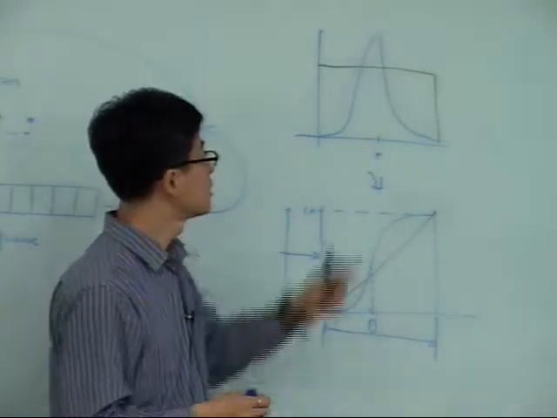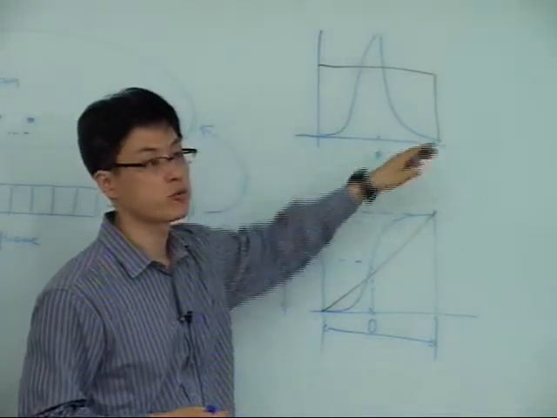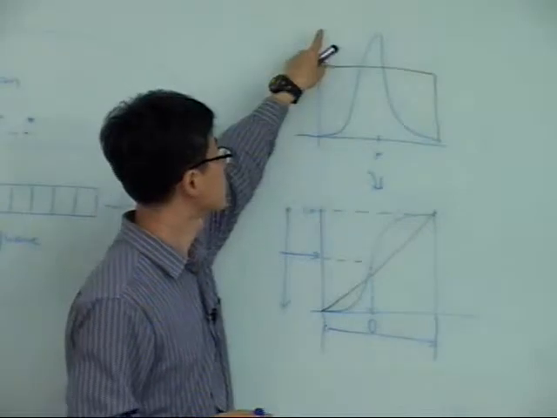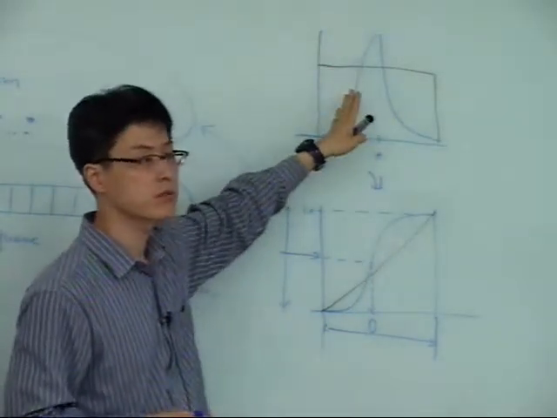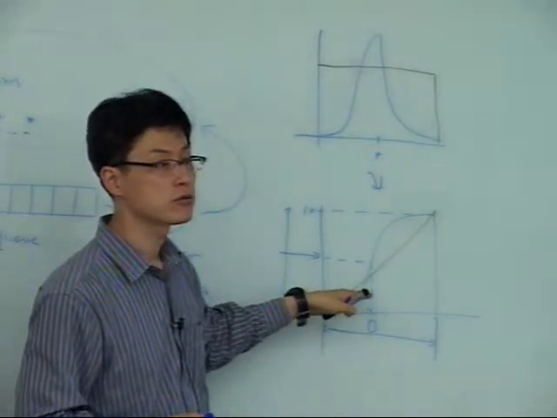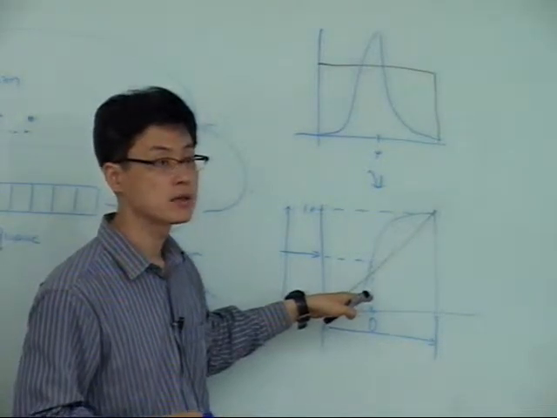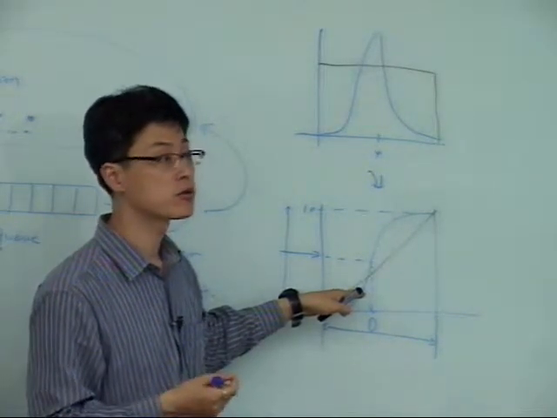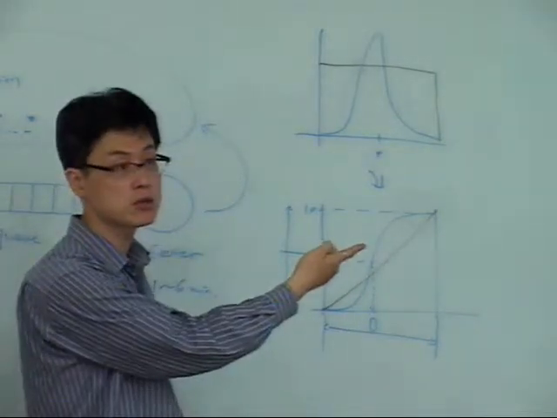Same thing. The shape doesn't matter if we follow this step. It could be log shape, exponent shape, or whatever shape it is, we can transform that into the cumulative probability function, which is always a monotonically increasing function. So we can do this. You know the meaning of this table?